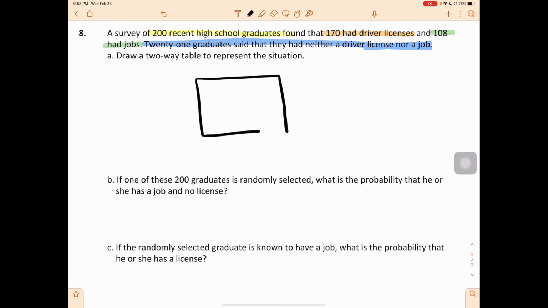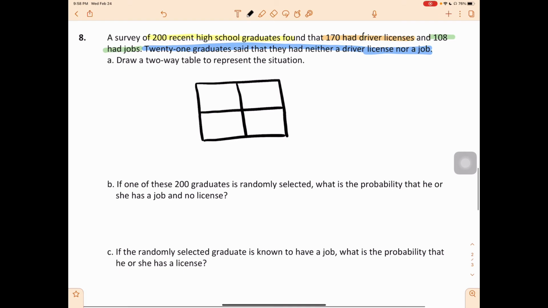So you might think, okay, well then it's a 2 by 2, right? So let's think here. We're talking about driver's license and jobs. I'm going to shorten driver's license and just write DL for driver's license. So it's either that they had a driver's license or did not have a driver's license.